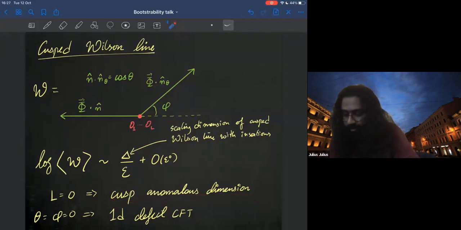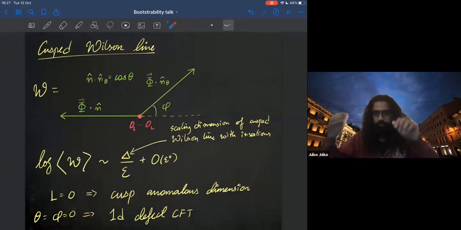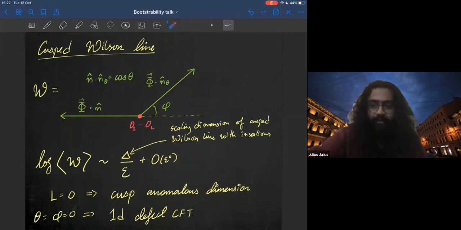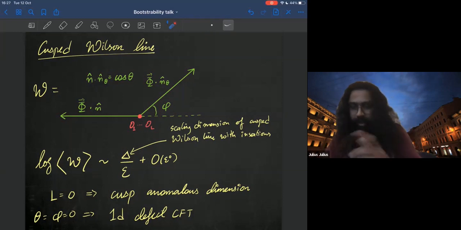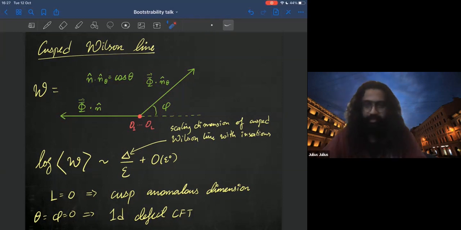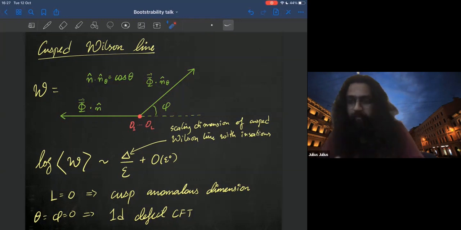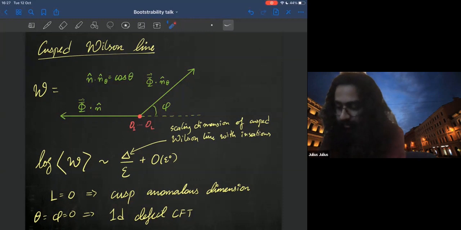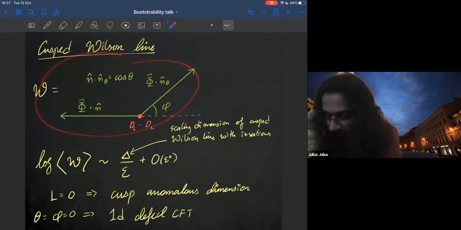Now, for this setup, if you take these two angles, theta and phi, to 0, then you basically bring this thing down, and you land on the half-BPS Maldacena-Wilson line, which is a one-dimensional defect CFT. I will get to it. That's the defect CFT which I want to study further, but I had to introduce this before because the integrability stuff was developed here.